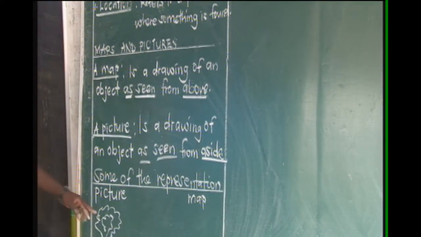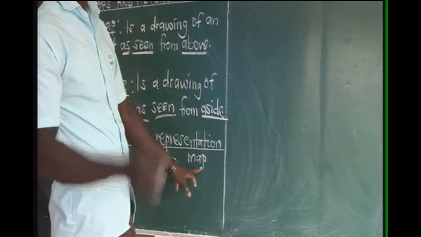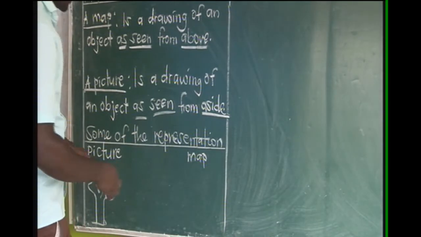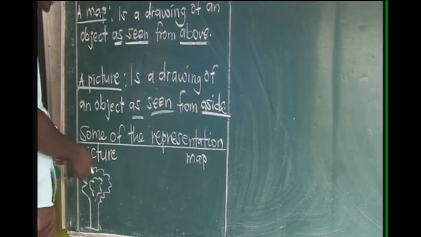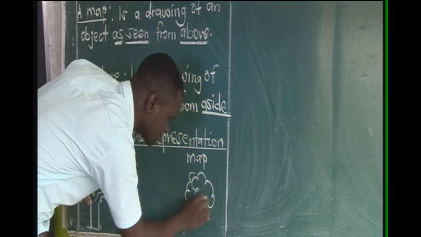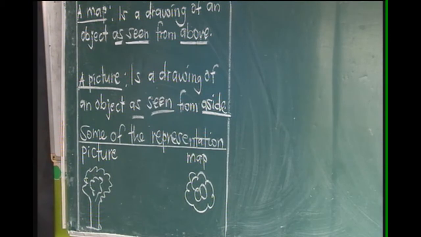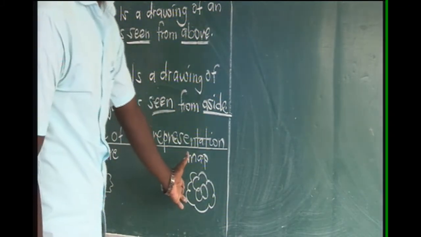Then when it comes to its representation, that is its map, that is seen from above, one is drawing this tree the way it's seeing it from above. So one will be able to see the root, the top of that tree like that. So for that we shall have the representation, the picture of a tree and a map of a tree.